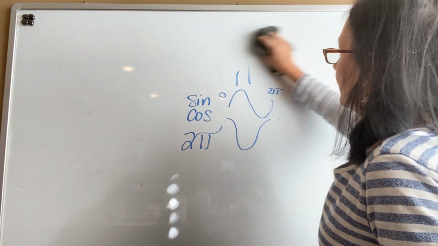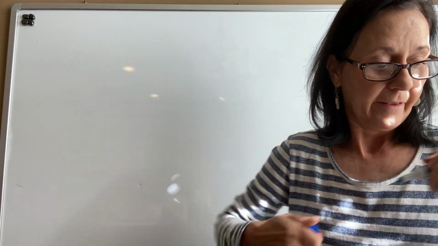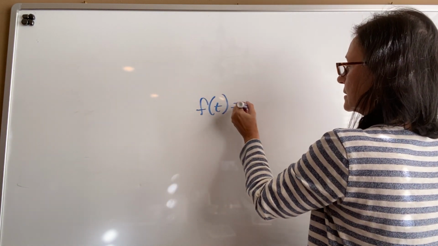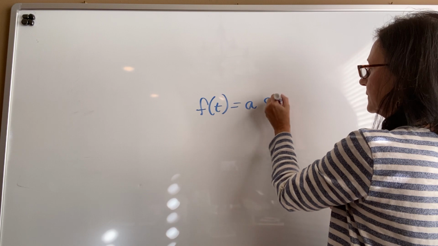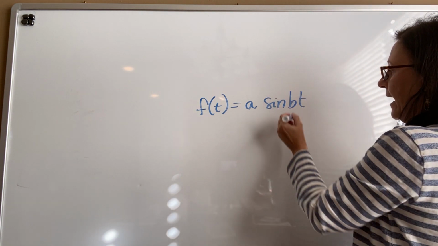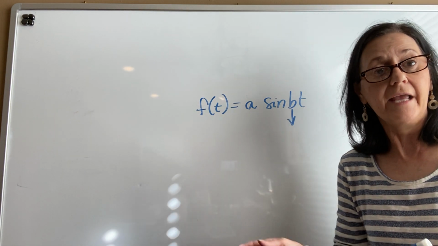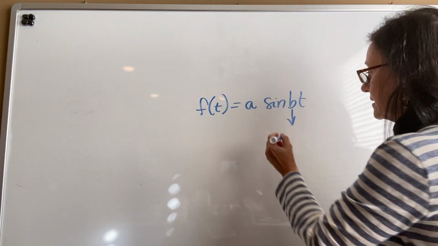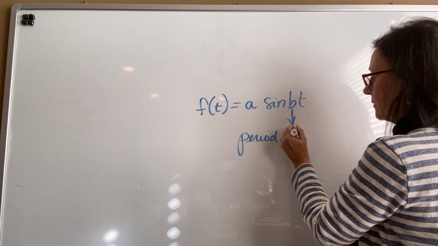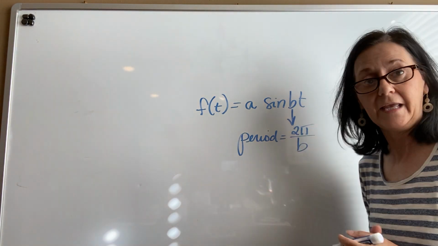And from lesson 7.3, we learned that your function looks like this. I'll just use the sine function, and that the b value dictates what the period is. So the period is equal to 2 pi, your standard period, over the value of b.